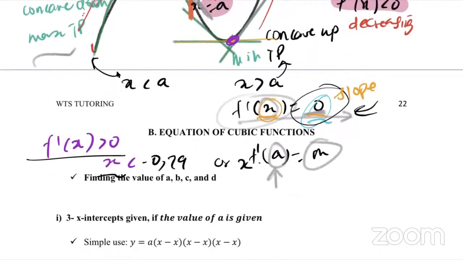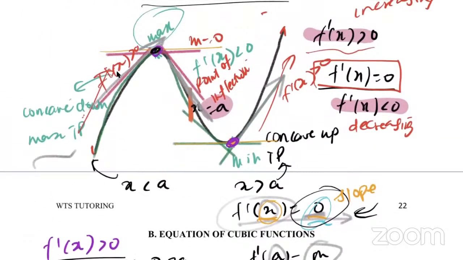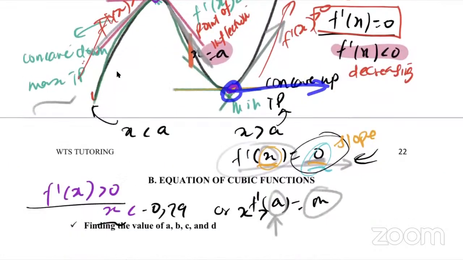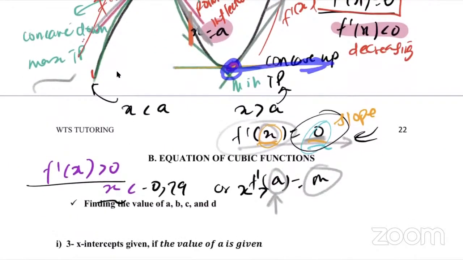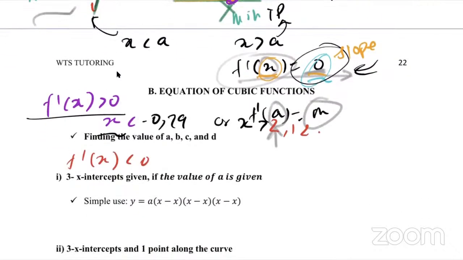Yes. And x should be greater than your minimum turning point, which was 2.12. All right, to the right of 2.12. The function has a negative gradient, or a negative slope, between those very points. So I'm going to put negative 0.79 and 2.12.